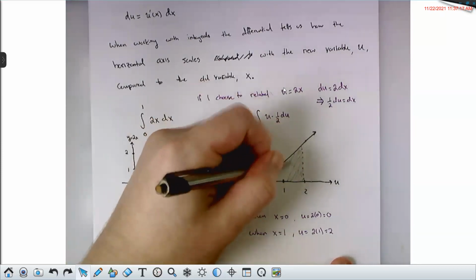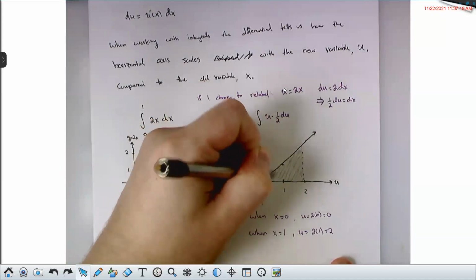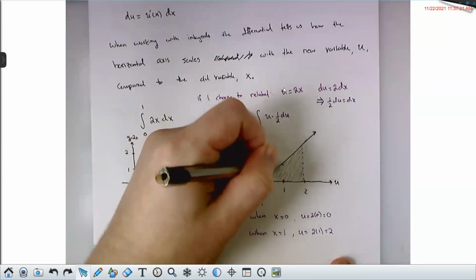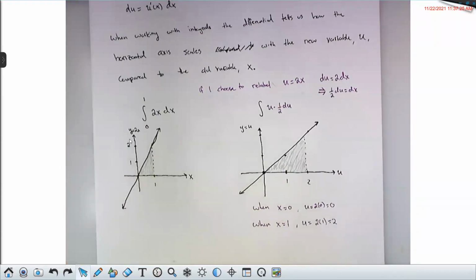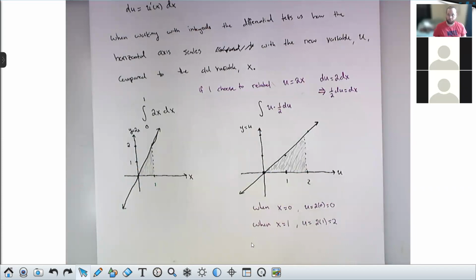So what's the relationship between these two areas? This area and this area. They're like a flipped version of each other. Let me turn my camera back on here so I can make some hand motions.